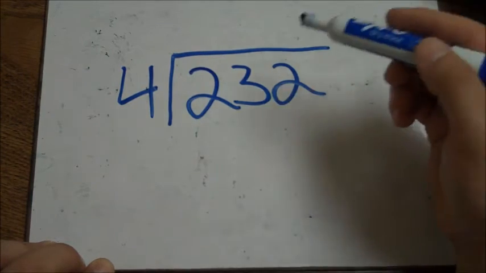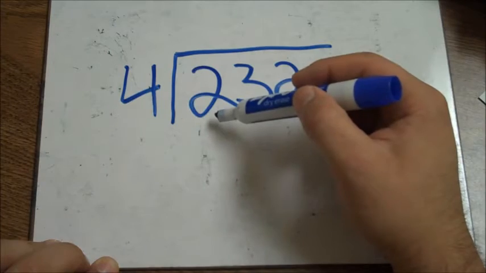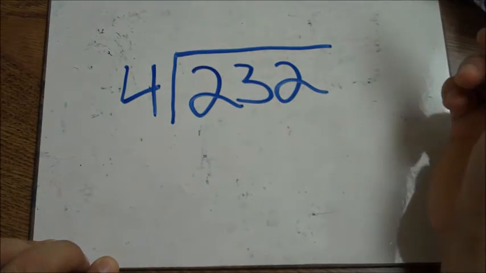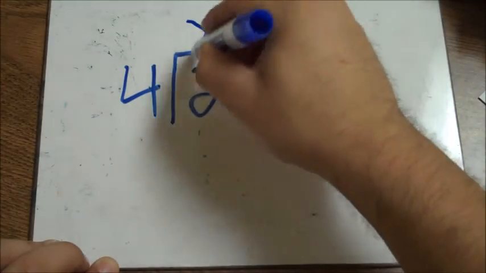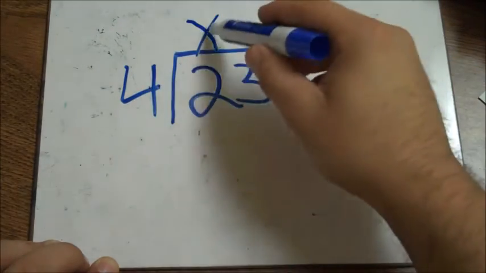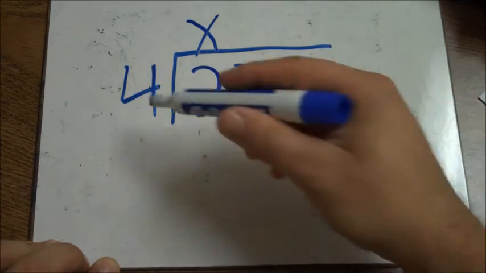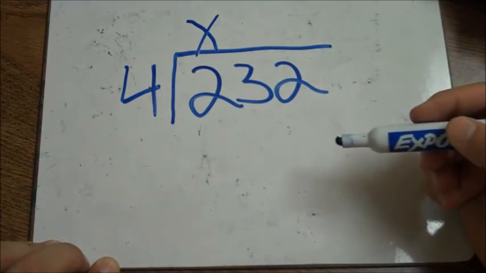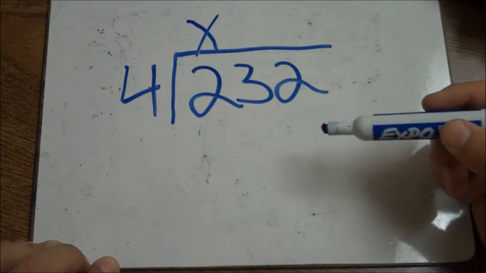To start off, I'm going to look and see how many times 4 can go into 2. Well, 4 cannot evenly go into 2, so what I'm going to do is put an X above it. This is telling me that 4 cannot go into 2. Let's look at 23 now. How many times can 4 go into 23? Well, if I remember, I can think of an estimate using compatible numbers.